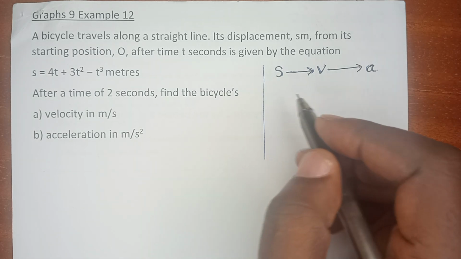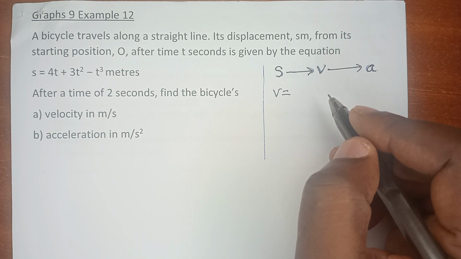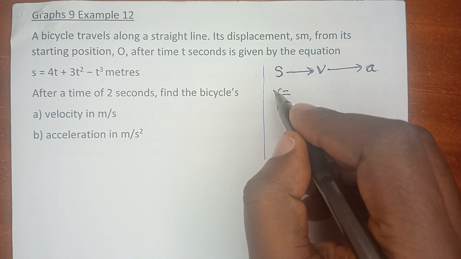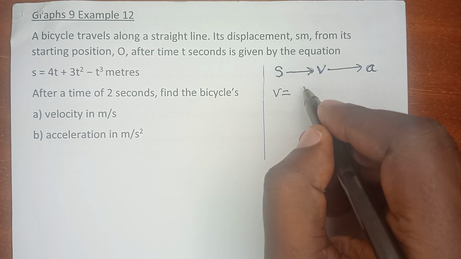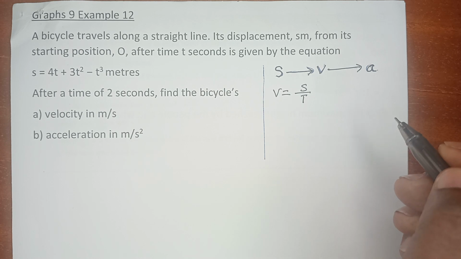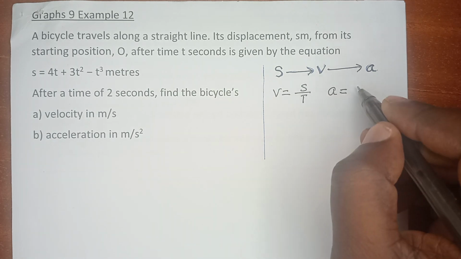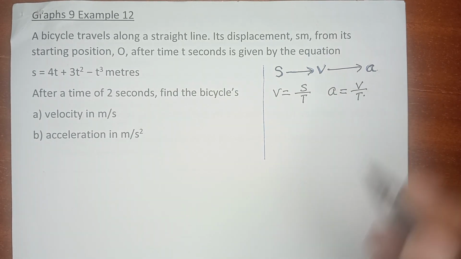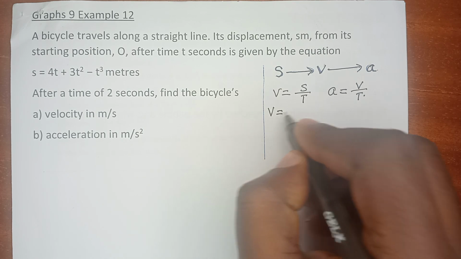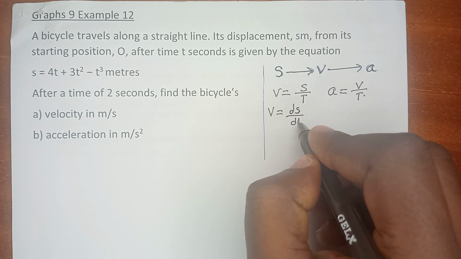We know that v is the change of distance with time. Velocity is the speed divided by time. And we also know that acceleration is the change in velocity with time. So in other words, if you want to get velocity, we have to talk about change in distance over the change in time.